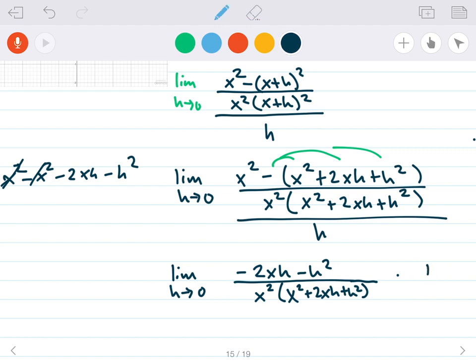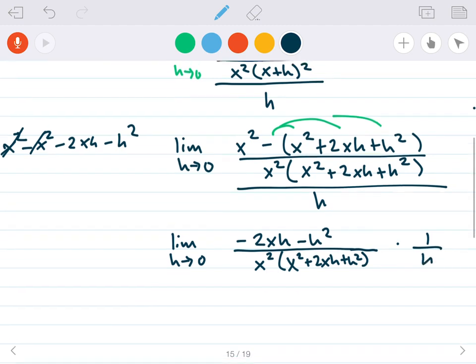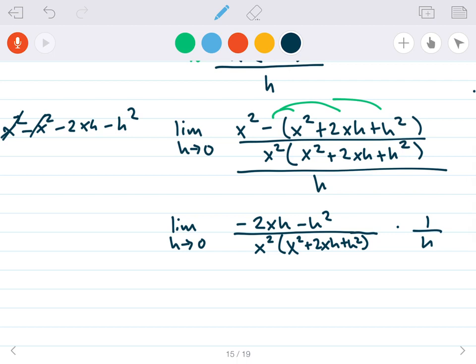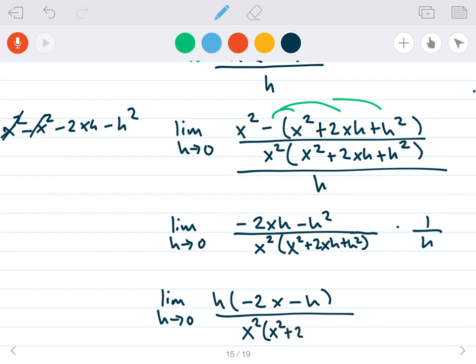All right, so the whole goal is to kind of get an h to cancel out. Okay, and that's what's going to happen, because look at the numerator. We can pull out an h. So let's do that. So if we pull out an h, okay, we're left with this.